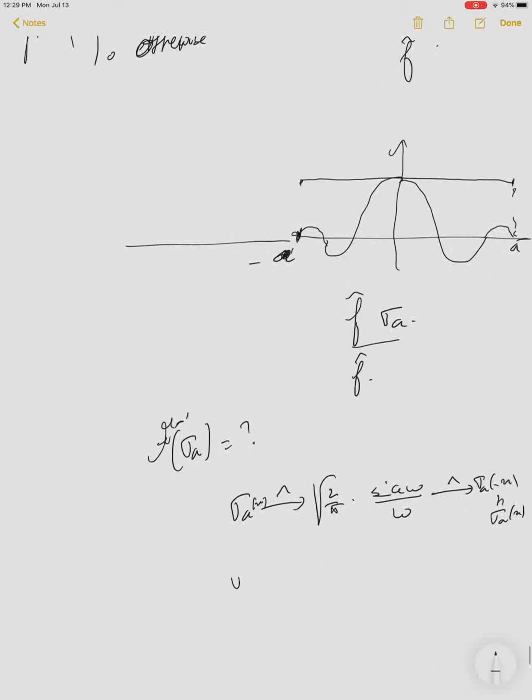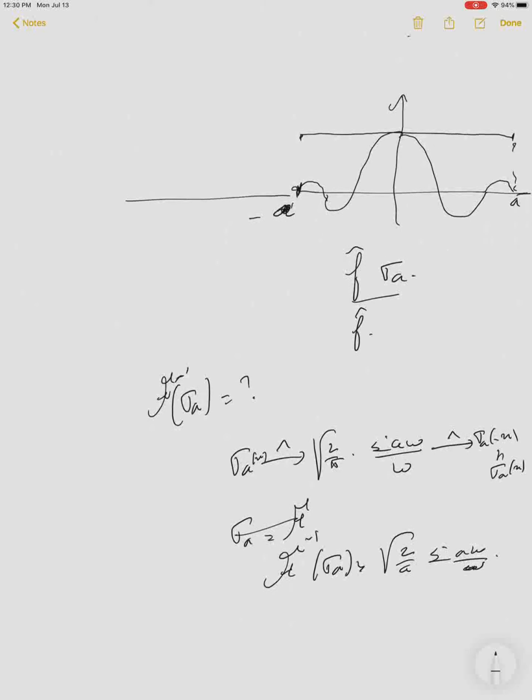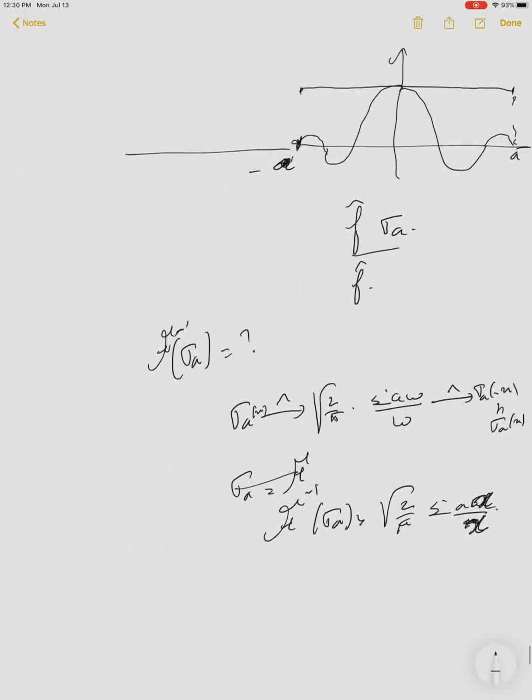So sigma a is the Fourier transform of the following function: f inverse of sigma a is equal to square root of 2 over pi sine a x, sorry, over x. Let's call this function g of x.